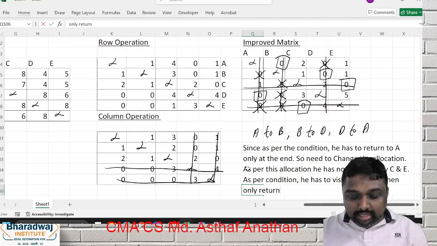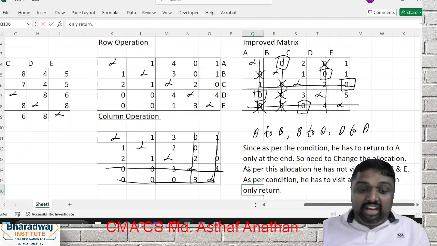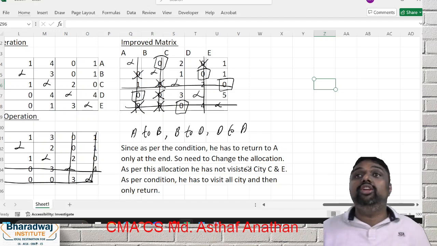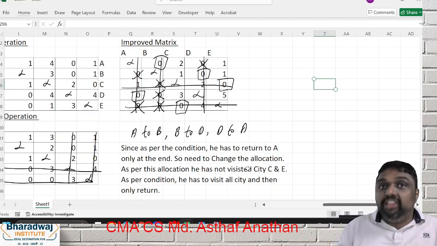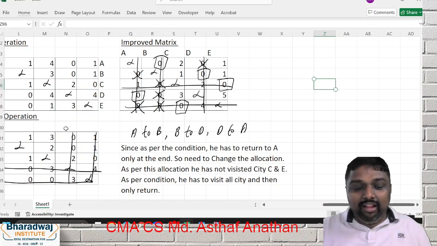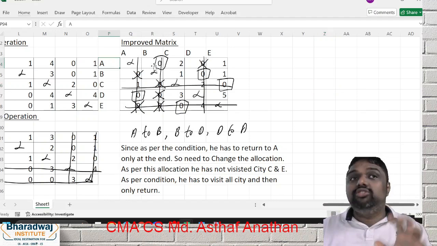Yes or no? This is the traveling salesman general condition always. Here it is not fulfilled. Then what do you have to do? No issue, we are going to complete it. From A you allocated to B. Now this is not an optimum way.